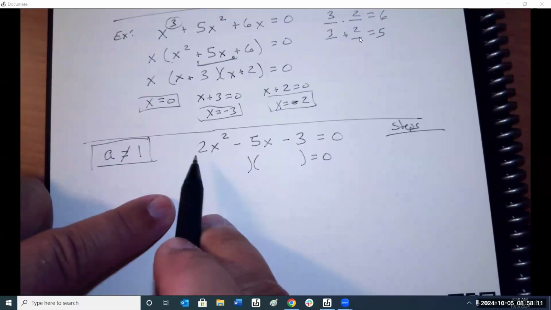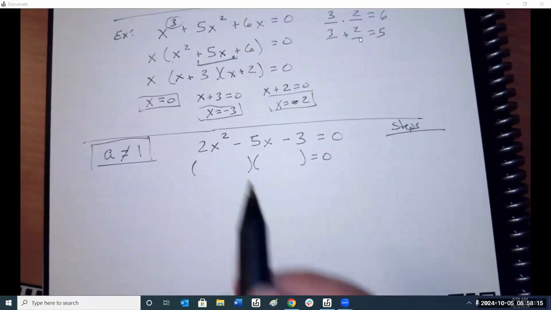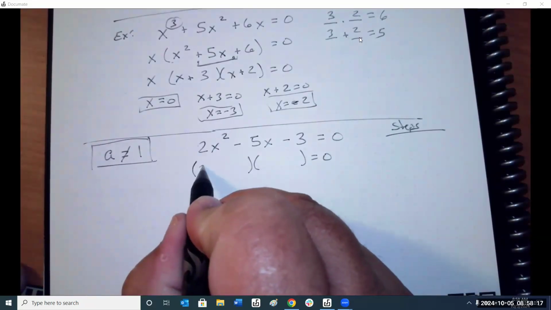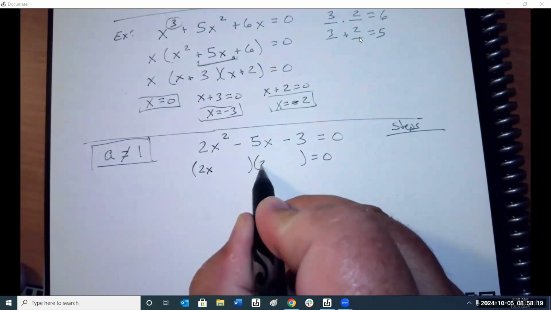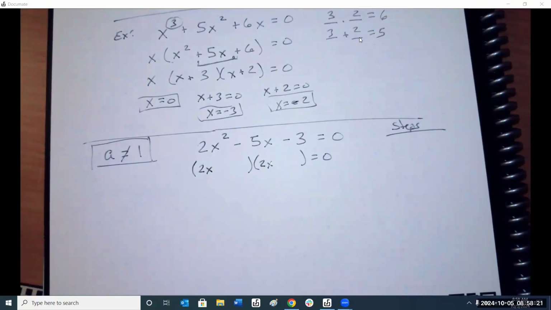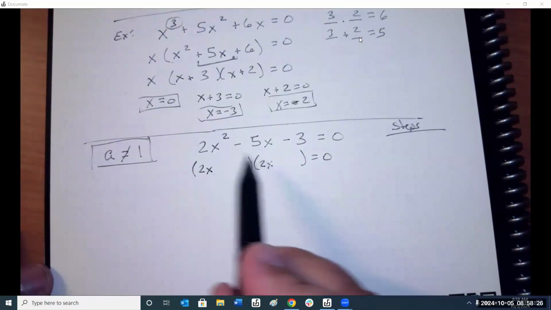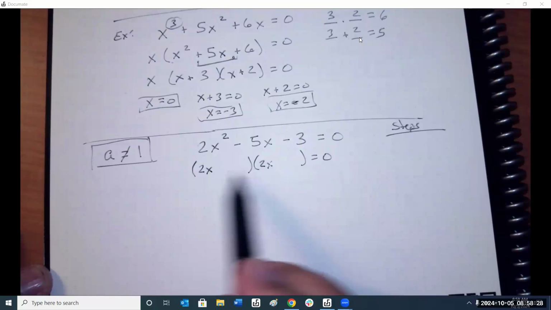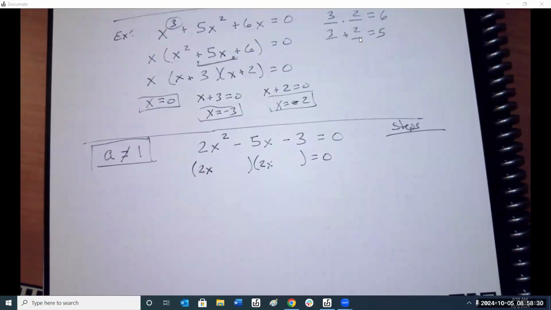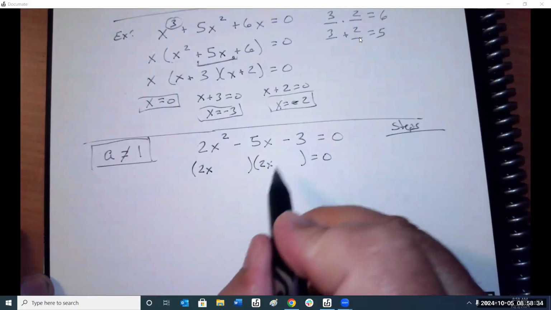In this case, we know that the leading term a is not equal to 1. So what I do here, I just copy down the first term with the leading coefficient. So x times x equals x squared, and the 2 is the first one. We'll fix that at the end. All right, so that's the first one.